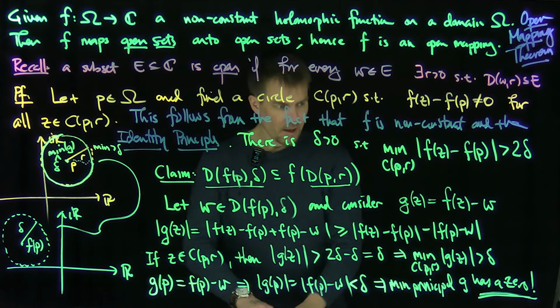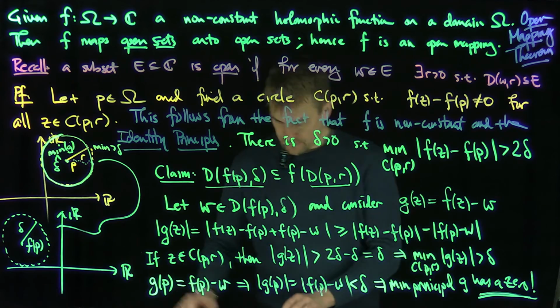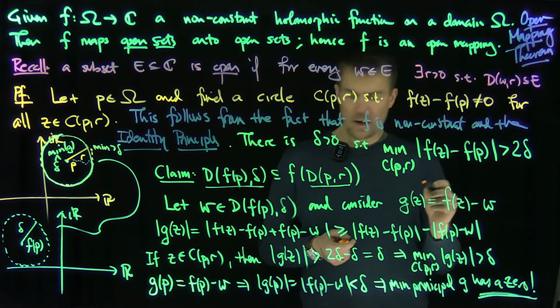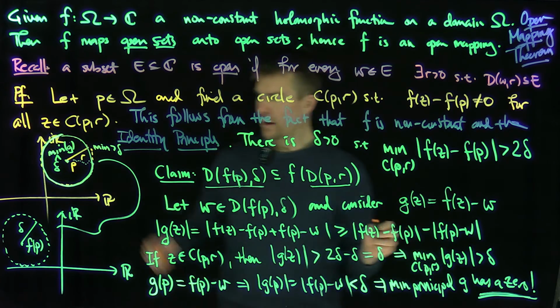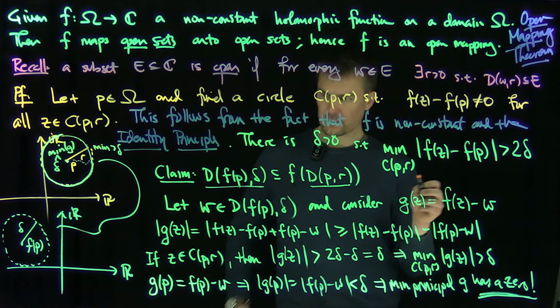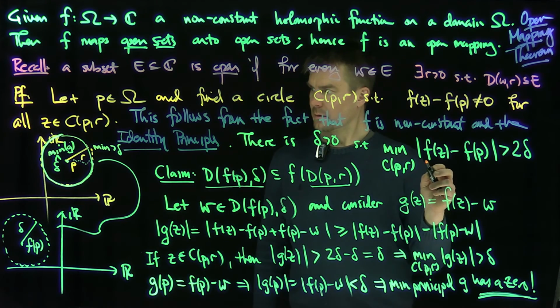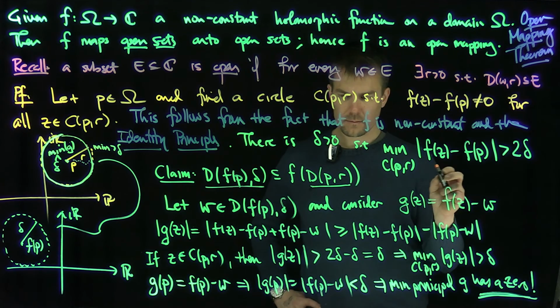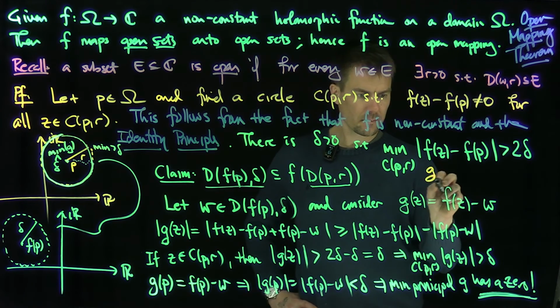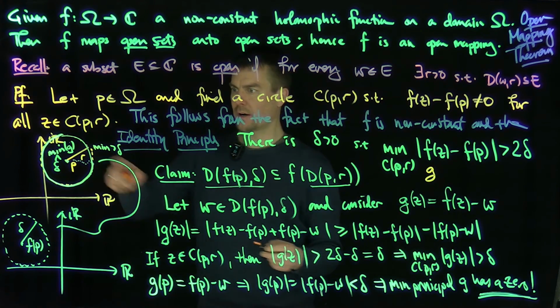What does that say? If g has a 0, that means that there's some z in this disk over here. Hence g has a 0 over here.